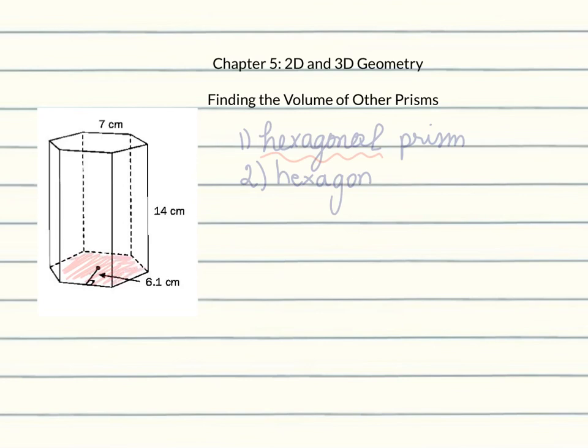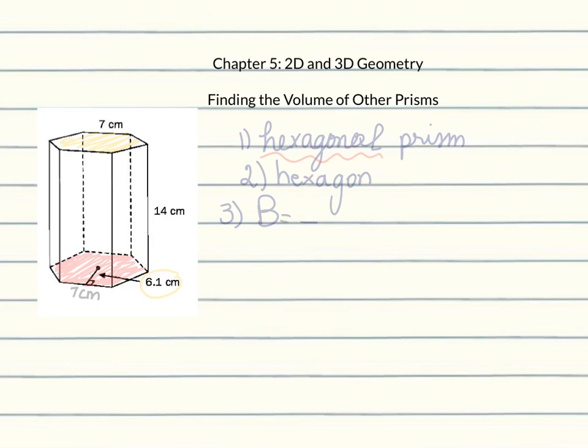As you know, for any polygon to identify its area, we need to know the value of the apothem. And here the apothem is 6.1 centimeters. And we need also the length of the side. As you know that the hexagon has sides of equal length, then the length of the sides in a hexagon is 7 centimeters.